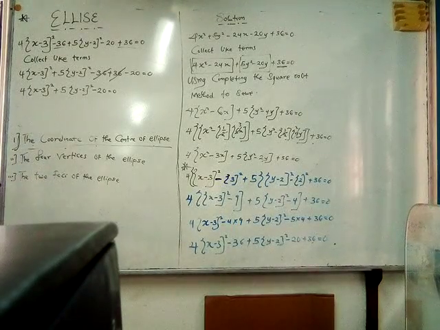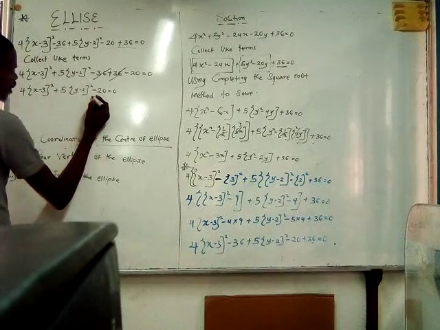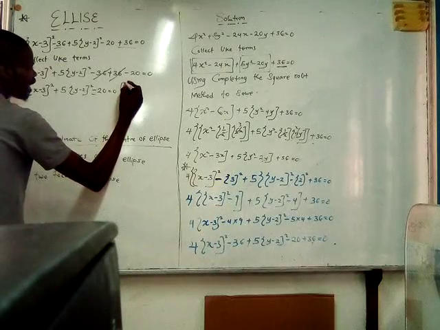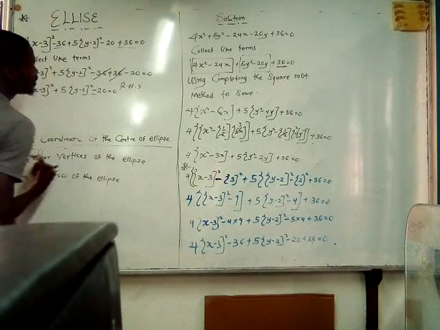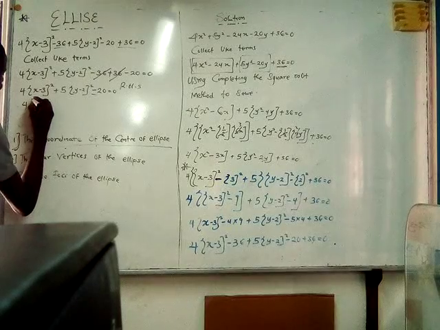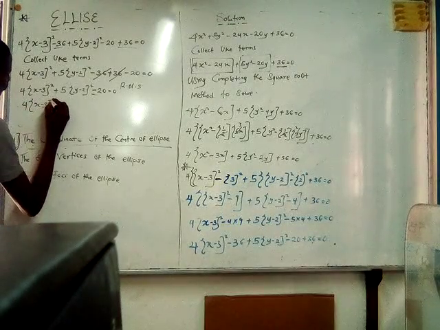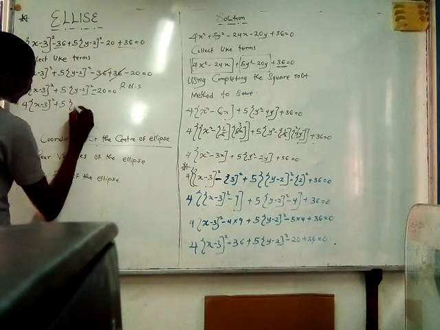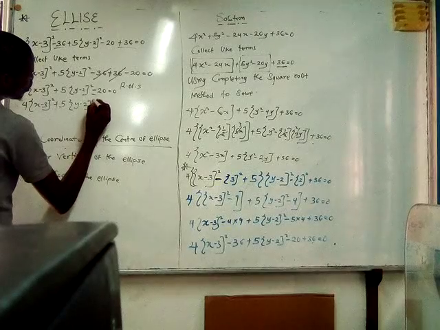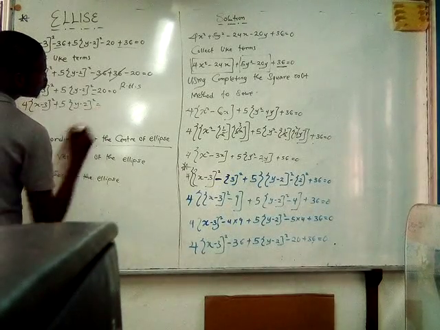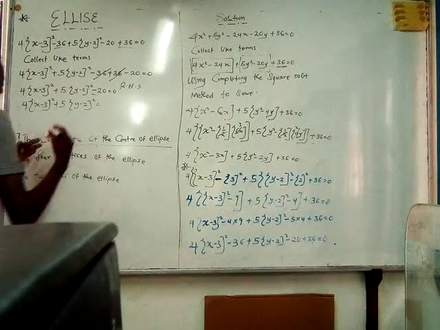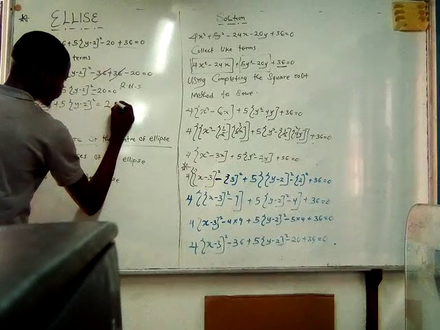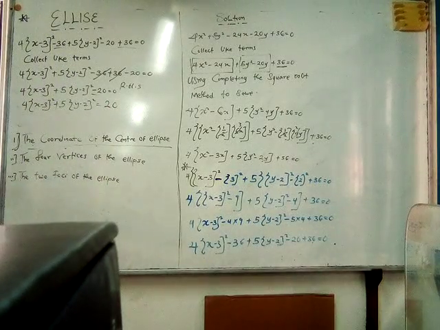To solve further, we take this minus 20 to the right hand side. So we are going to have 4 open bracket x minus 3 square plus 5 open bracket y minus 2 square equals to, if minus is coming to the right hand side, plus 20.